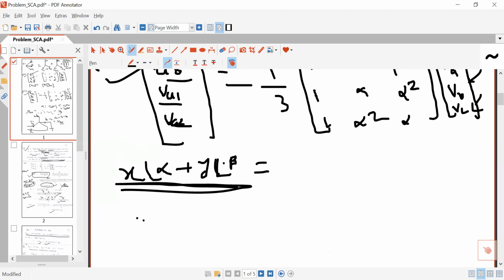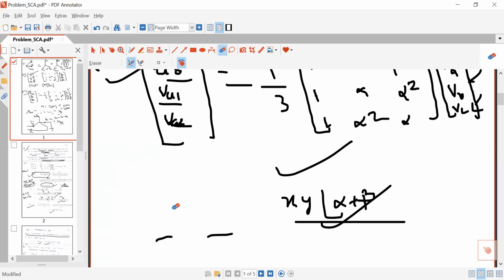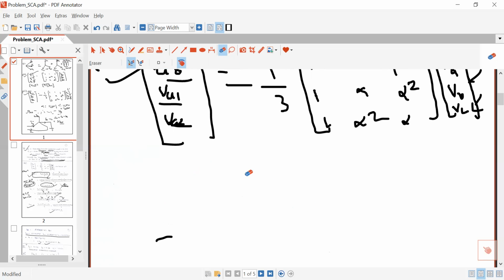Similarly for subtraction. But when two phasors are in polar form and the task is to multiply them, there is no need to convert to rectangular form. You just multiply the magnitudes and add the angles. So you must revise these operations, because knowledge of mathematical operations on phasor quantities plays a vital role in symmetrical component analysis.